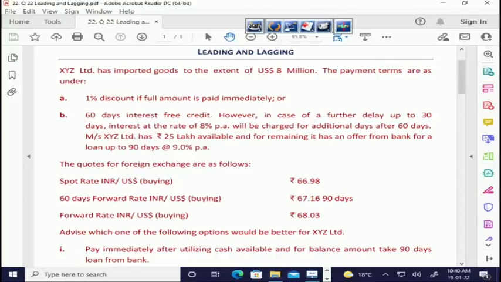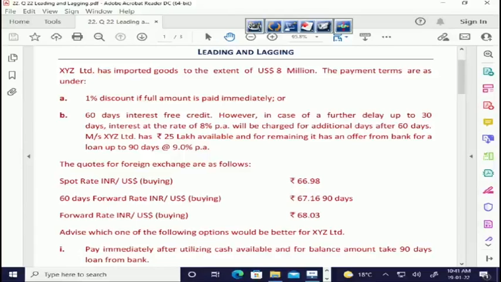Messrs XYZ has 25 lakhs available. Rupees 25 lakhs we have. It has an opportunity cost. And for the remaining, it has an offer from bank for a loan up to 90 days at the rate of 9% per annum. So apart from our own funds, if we need funds, we can borrow at 9% per annum.